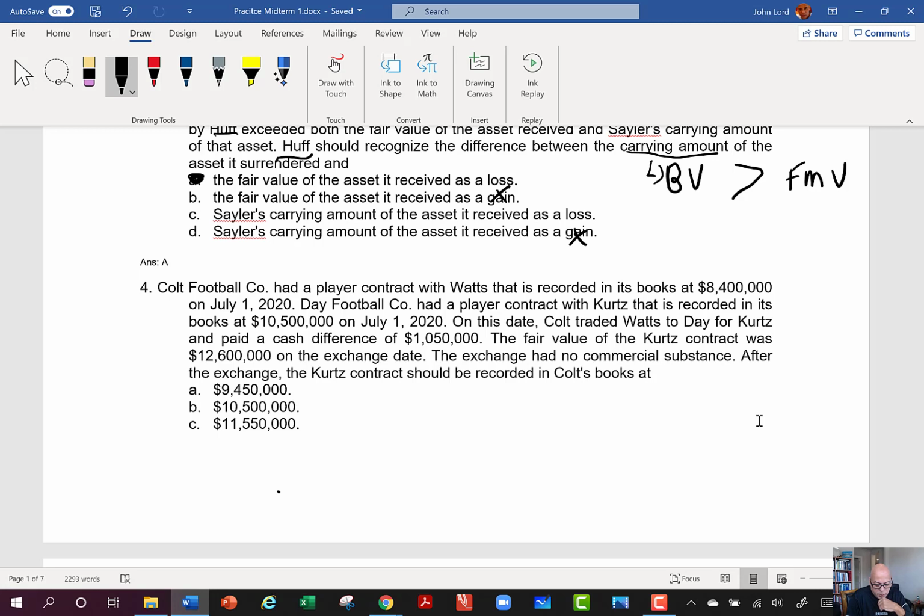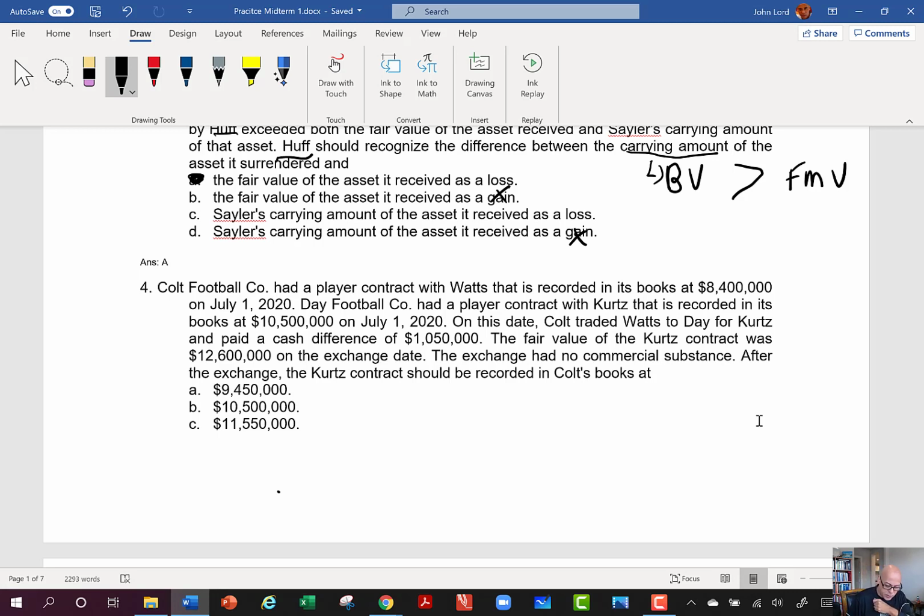Day Football had a player contract with Kurtz that is recorded in its books at $10,500,000 on July 1st, 2020. On this date, Colt traded Watts today for Kurtz and paid a cash difference of $1,050,000. The fair value of the Kurtz contract was $12,600,000 on the exchange date. The exchange had no commercial substance.